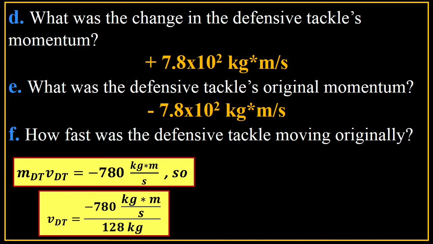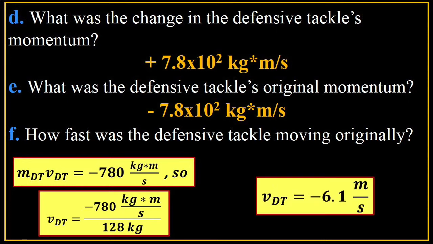Now, we're saying that the momentum was negative for the defensive tackle. The momentum is negative, so you can see here the velocity is also negative. The reason the momentum is negative is because the velocity is negative. So it should all pretty much make sense now.